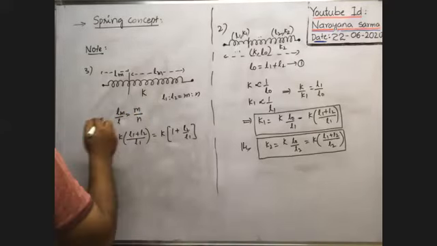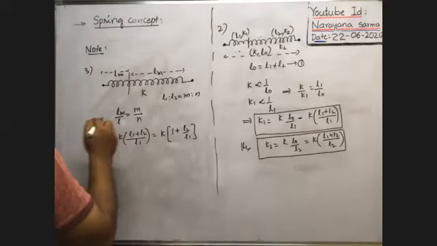Therefore, the total length of the spring is Lm plus Ln. In terms of Lm and Ln, K1 is equal to K into (1 plus Lm by Ln), which means K into (1 plus m by n).